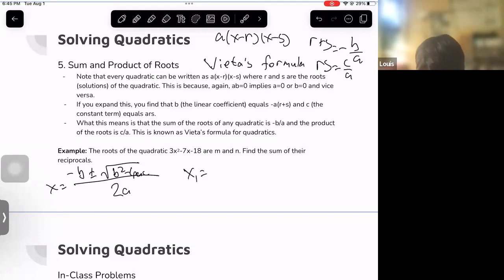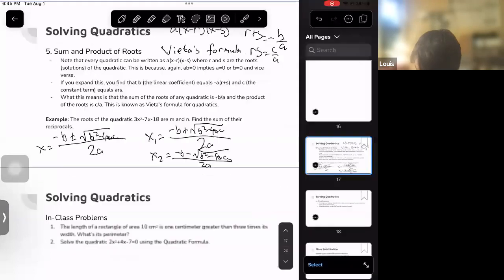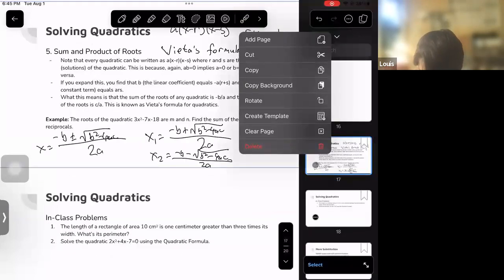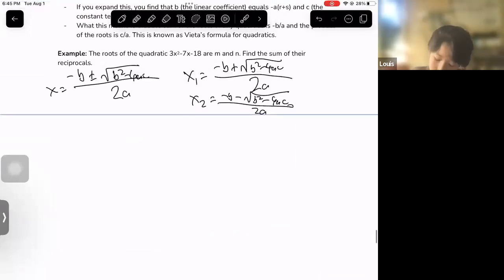So x1 equals negative b plus square root of b squared minus 4ac over 2a. And x2 equals negative b minus root of b squared minus 4ac over 2a. And we can do both of the operations now.